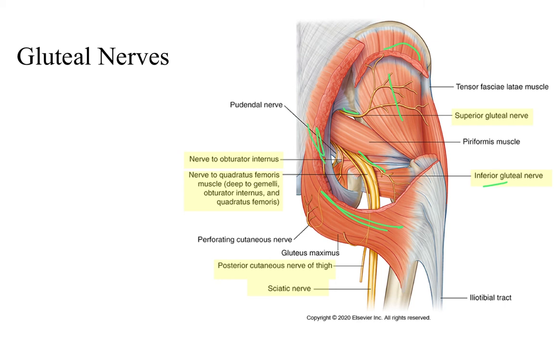And then we see our nerve to obturator internus coming out here, nerve to quadratus femoris coming here, and our sciatic nerve coming down here, as well as our posterior cutaneous nerve of the thigh and perforating cutaneous nerve, which will go to the skin and allow sensations to happen in the gluteal region.